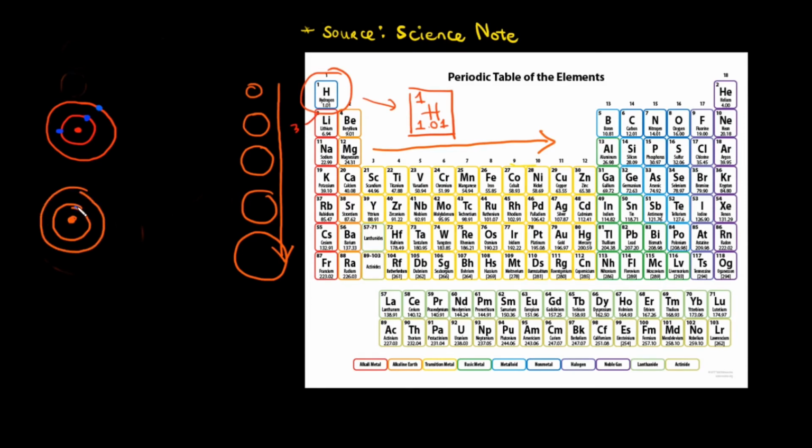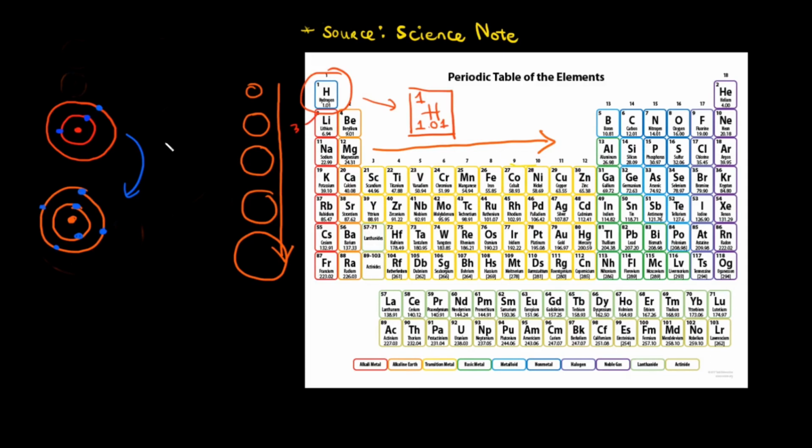The first shell can only hold 2, and the outer shell can hold 8 in total, so it's enough for us to fill the last 4. This is the complete atomic structure of carbon, which has 6 electrons. If you notice, the shell number doesn't change. It still has 2 shells. So if you go horizontally, the shell number doesn't change.